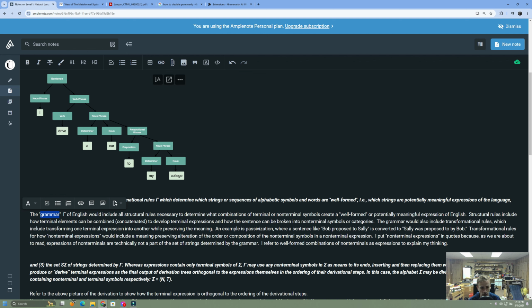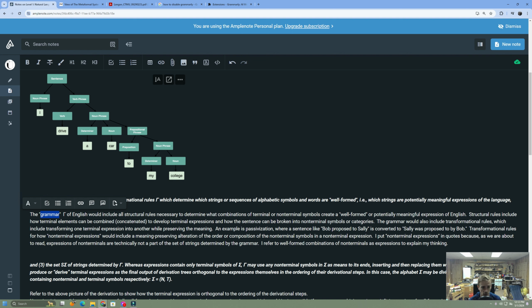And so that's why I'm using grammar here to refer to everything, whereas syntax in natural language is strictly the study of the structure of sentences, how words are grouped together. In formal language theory, the grammar is a subset of the syntax, where the syntax is the overall structure of the formal language, and the grammar is just the way of deriving the strings, if I'm remembering that correctly.